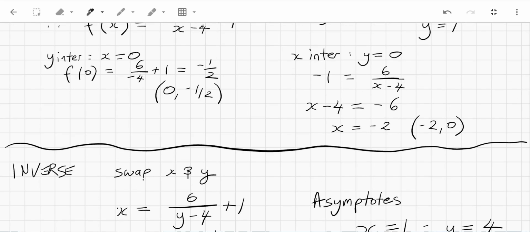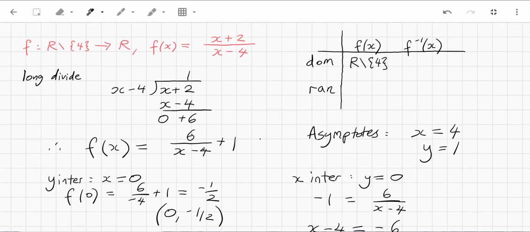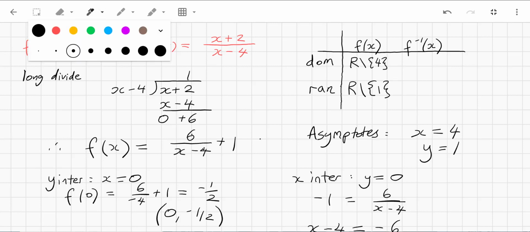Now just coming back up to that table I wrote in the beginning for the domain and range. So the domain of f of x was all real numbers not including 4. The range for f of x is all real numbers not including 1. That's my asymptote. Now, for the inverse, the domain and range simply swap around.